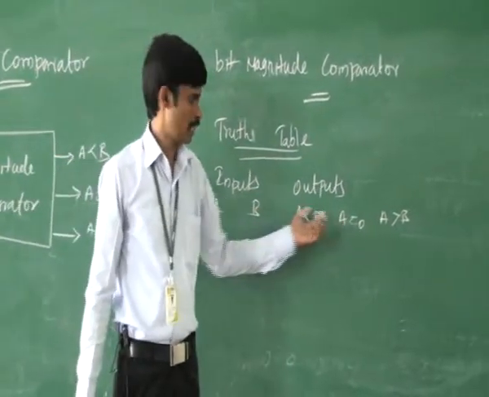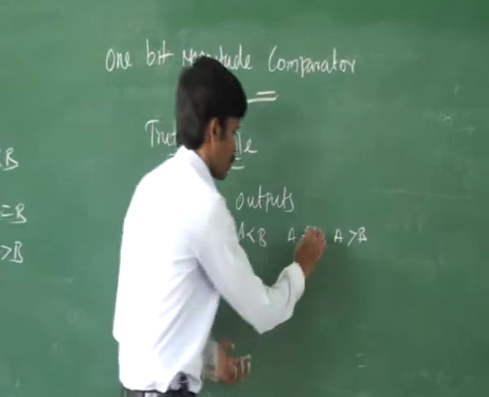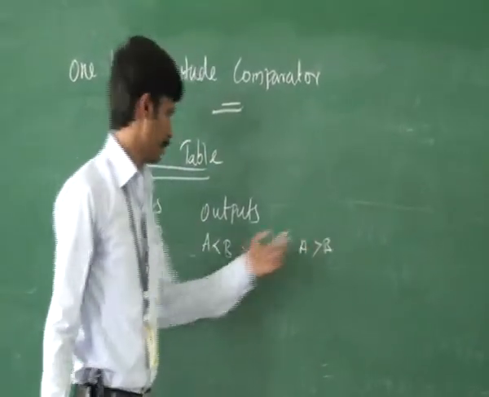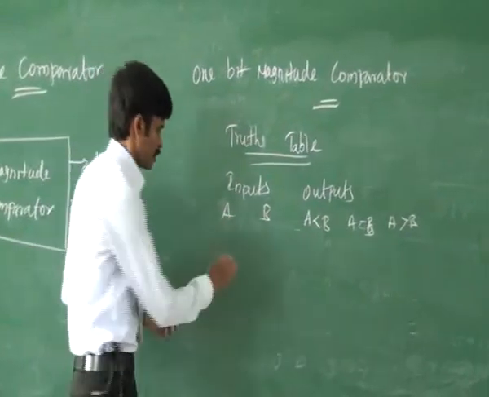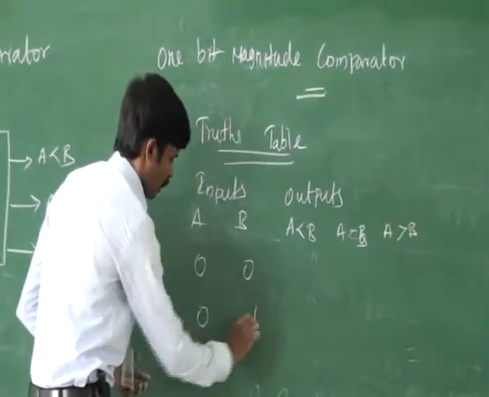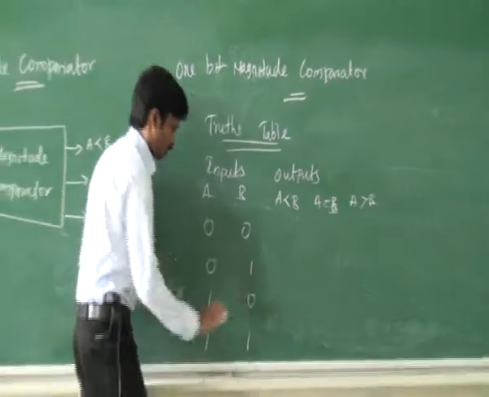We have three outputs: A less than B, A equal to B and A greater than B. Here we have two input variables, so there are four possible combinations: 0 0, 0 1, 1 0, 1 1.